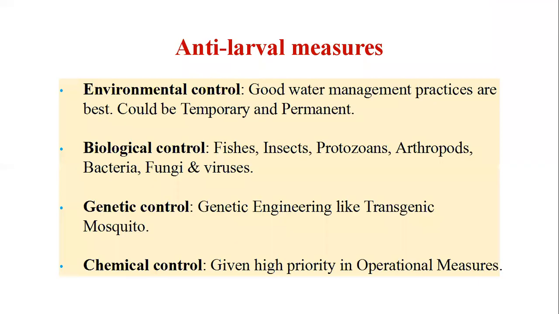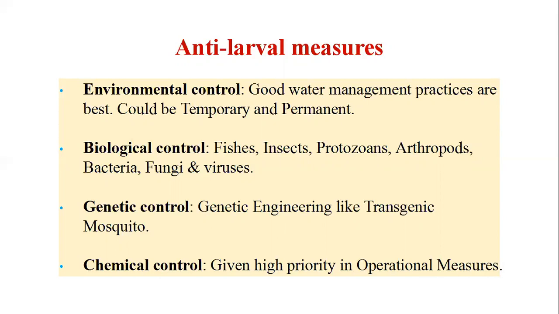In the case of anti-larval measures, environmental control, which can be temporary or permanent, is possible. Good water management practices are best, and this should be followed. In the case of biological control, some insects, protozoans, arthropods, bacteria and fungi are helpful.